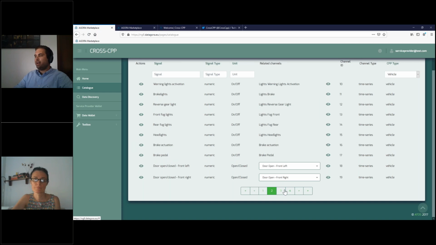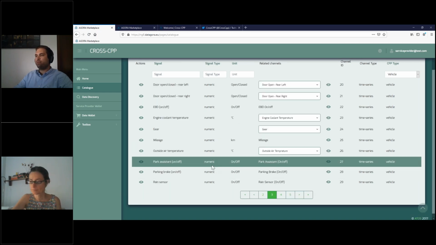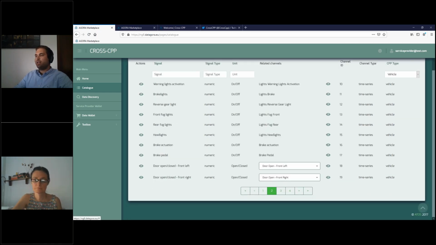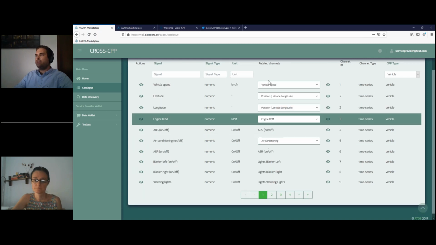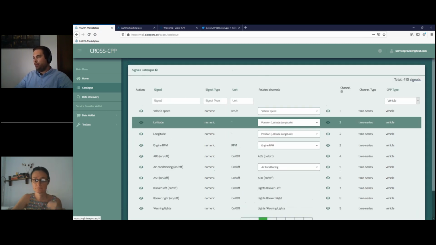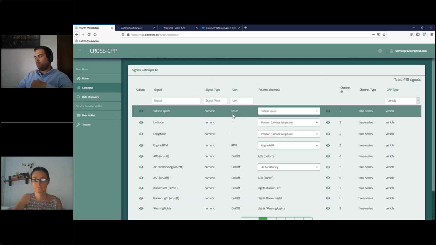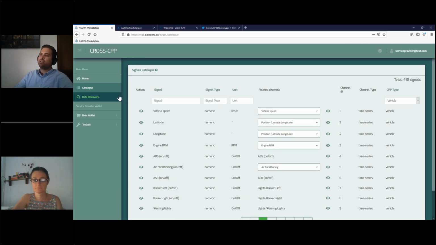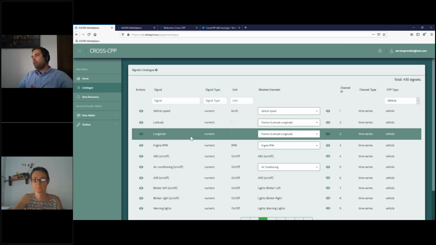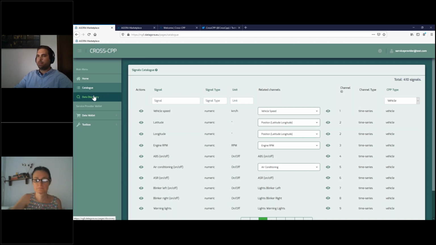There are many of them that you can check, and there are different channels. There are also different units, depending on what the provider has declared and how they measure these signals. This has been joint work among many industrial providers, trying to harmonize this and open it up to service providers.